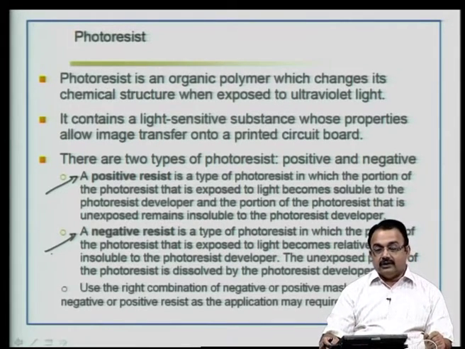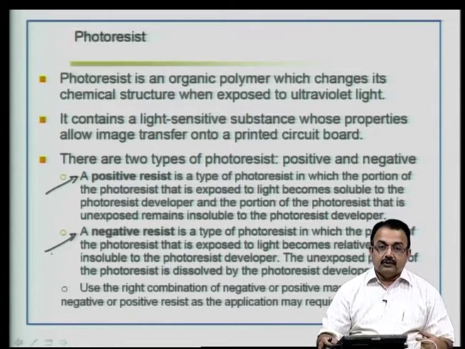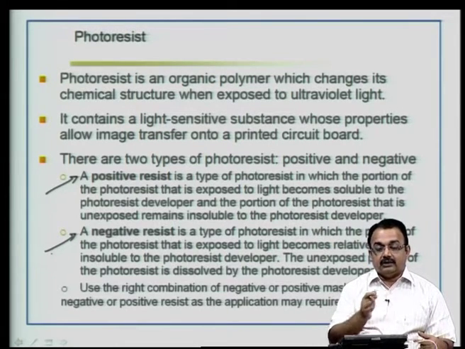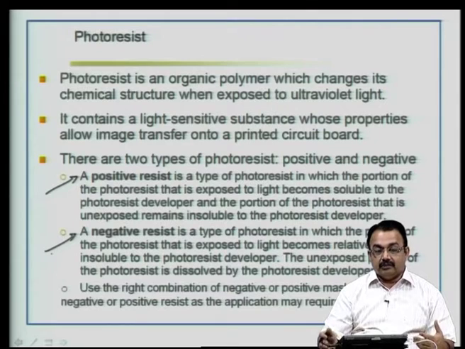In some cases, your positive resist may be very good for fine line circuitry, but for coarse lines you can use a negative photoresist. So, depending upon the sequence in your multilayer board fabrication, this technology can be used for any other printing process, not necessarily PCB.